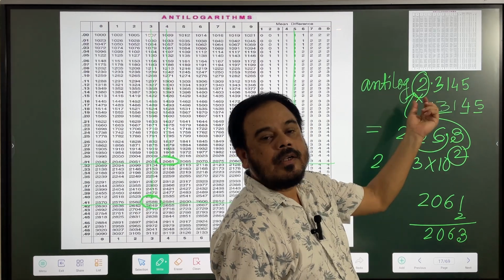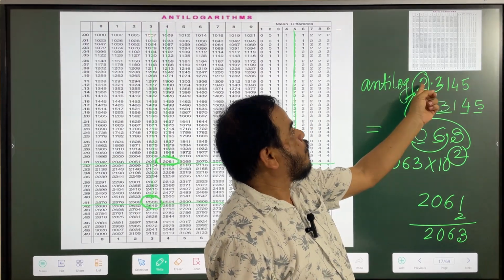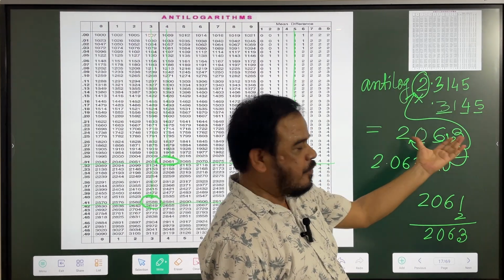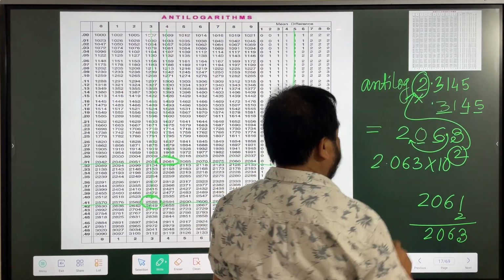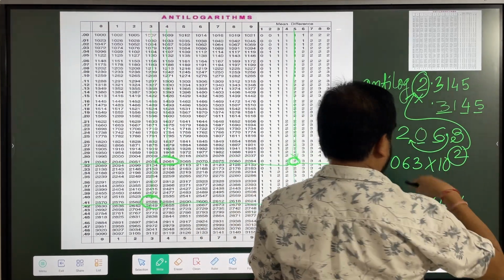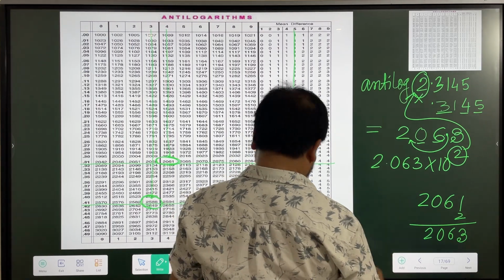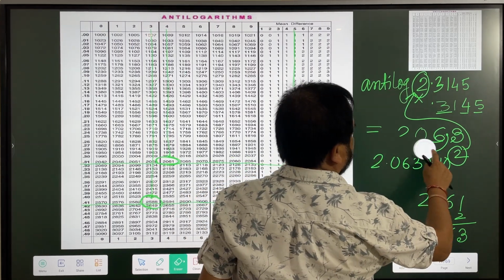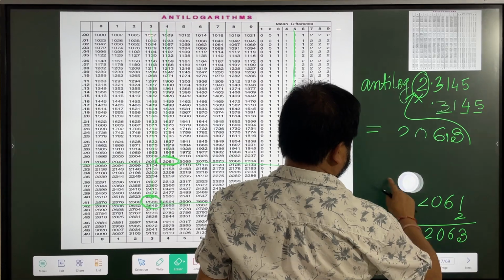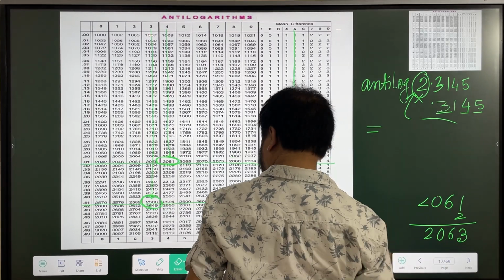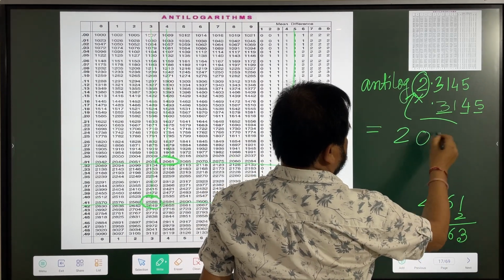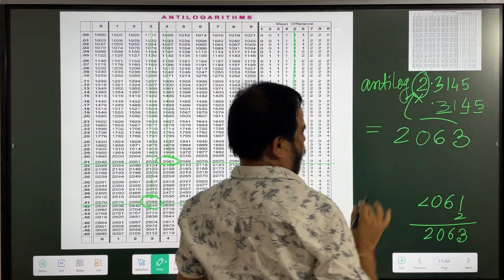The decimal depends on the characteristic. If it is positive, it is very easy for us. If it is negative, then I will explain what to do. Look here, if it is negative, we have got 2063, and suppose the characteristic is 2 bar.